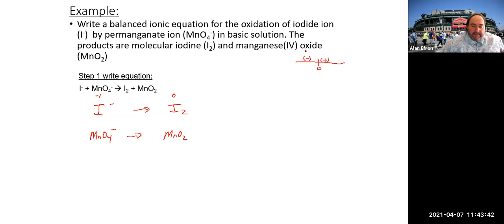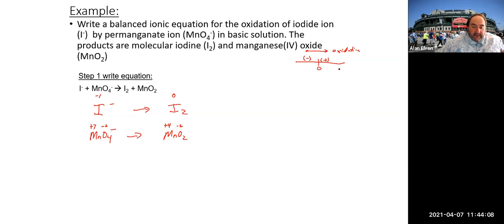I- is -1, heading towards 0 is heading in this direction, becoming more positive, which means it is going through oxidation. While if we look at the Mn over here, oxygen is -2. There are 4 of them, which means -8, so the Mn here is +7. And on this side, -2 for the oxygen gives us -4, and Mn is +4.